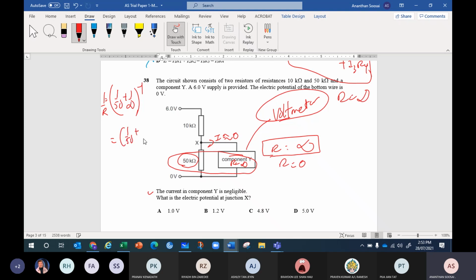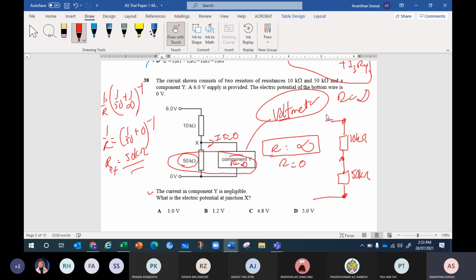So the effective resistance is actually 50 kilo ohm. We can imagine the top has 10 kilo ohm, and the bottom also has effective resistance 50 kilo ohm. The component with infinite resistance never affects the total resistance of the bottom part. So those who understand that negligible current flow means infinite resistance, the effective resistance is still 50 kilo ohm.